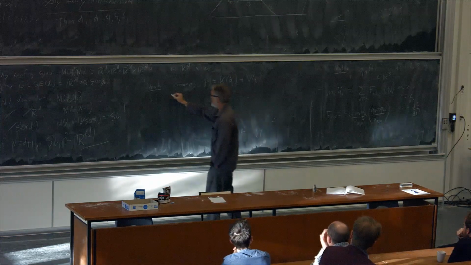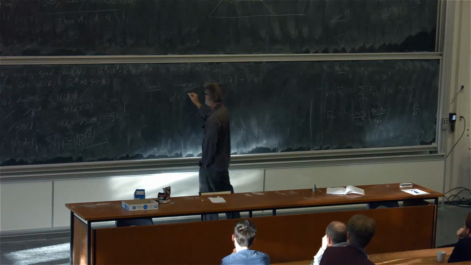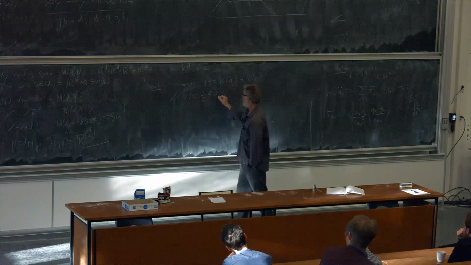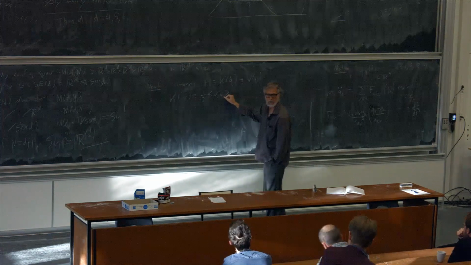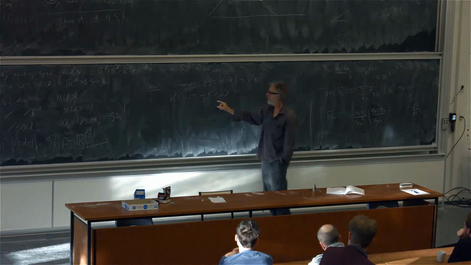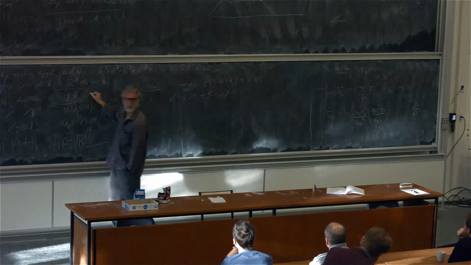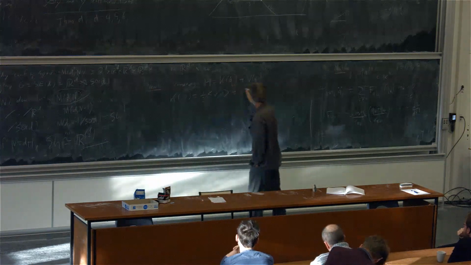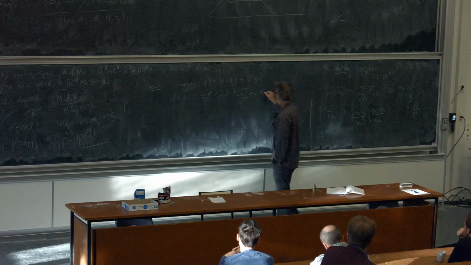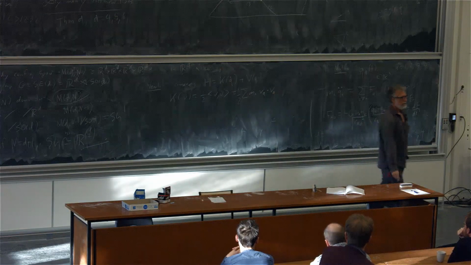The kinetic energy of a velocity v is 1/2 of an inner product, which we call the mass inner product. It's an inner product on the configuration space, and it looks like this. So that's the kinetic energy.